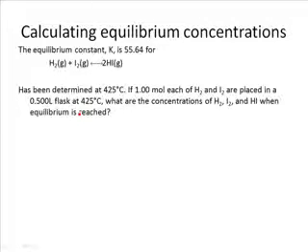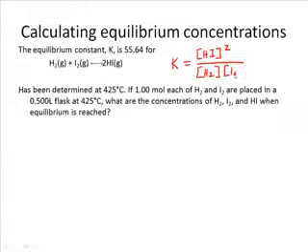Okay, so on this one, let's write our expression. And we're using concentrations here again. So we have hydrogen iodide squared over, okay. And now I'm going to write this expression out.